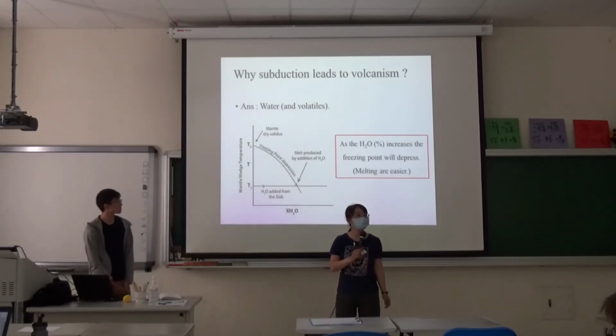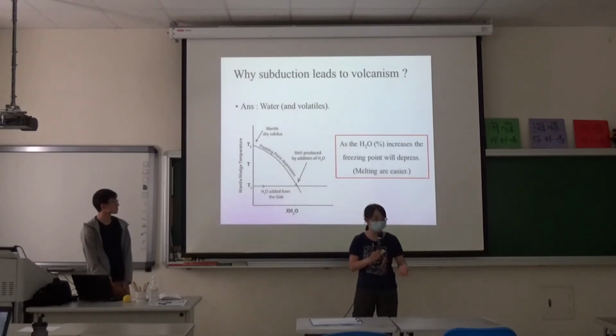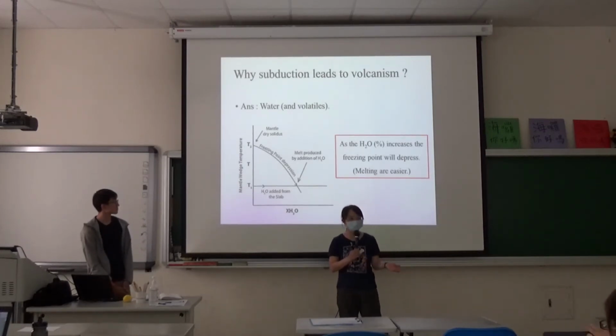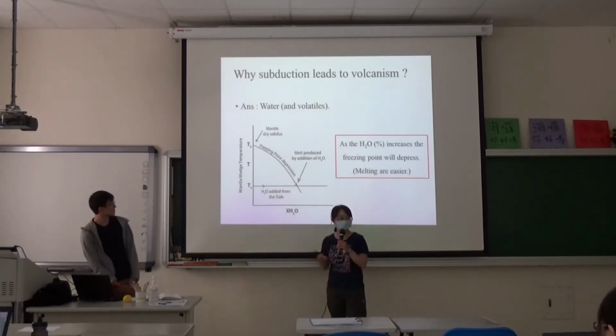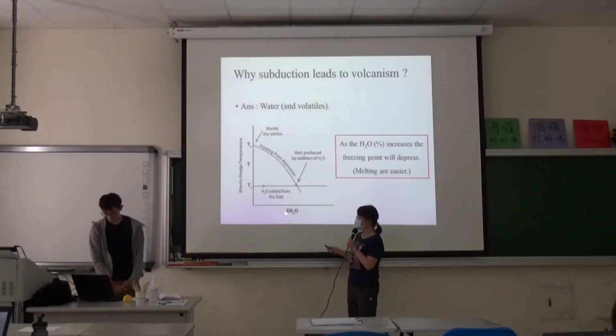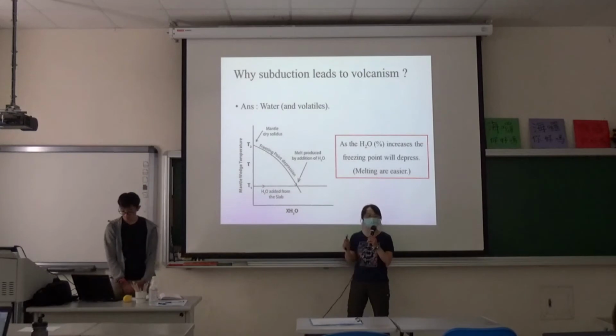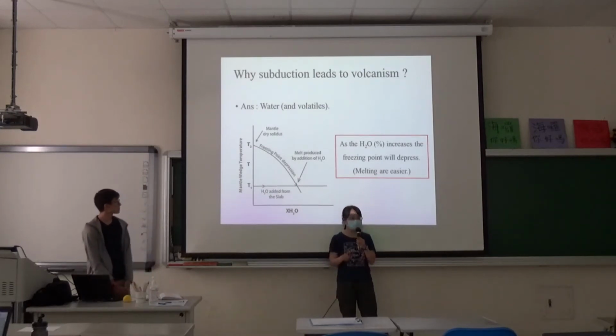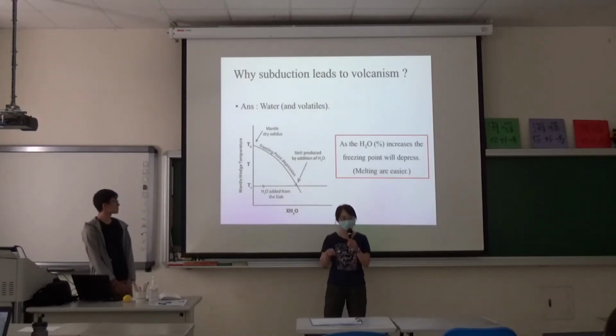I think there should be some atomic level explanation, but I don't know, and it's not mentioned in the textbook because I'm not a petrologist, 就是不是岩石学家, so I cannot tell you the detail. But what's more important is this feature explains why magma can be formed at the subduction zone.